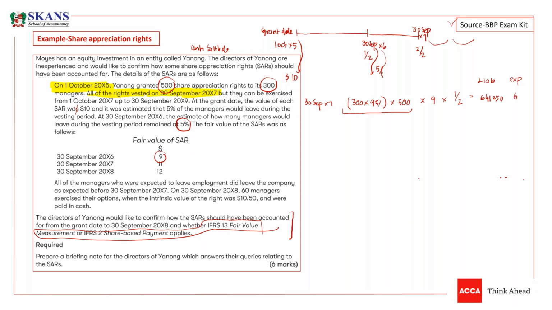And the expense amount is again 641,250. Now I just want to do the calculation at 30th September. This is X6, this is X7. Now I'm going to solve X7. In X7, we need to do the calculations with the actual number of employees.